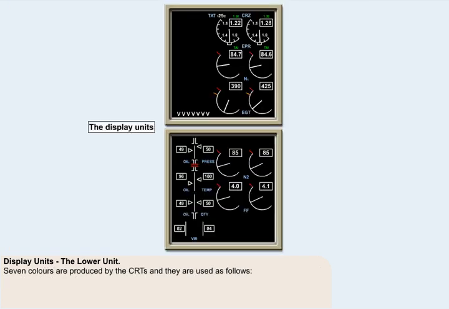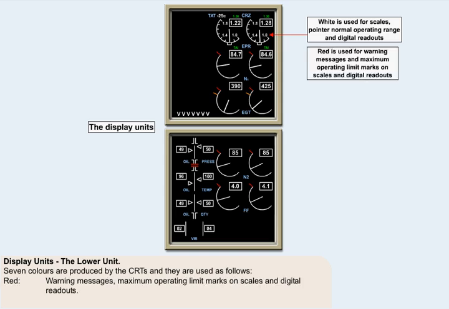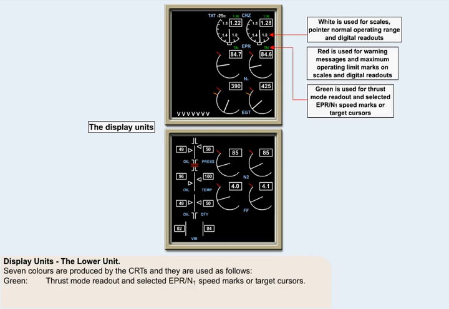Seven colours are produced by the cathode ray tubes, and they are used as follows. White: all scales, normal operating range of pointers, digital readouts. Red: warning messages, maximum operating limit marks on scales, and digital readouts. Green: thrust mode readout and selected EPR and N1 speed marks or target cursors.